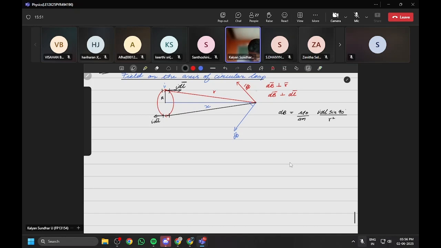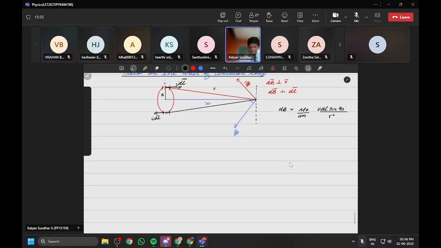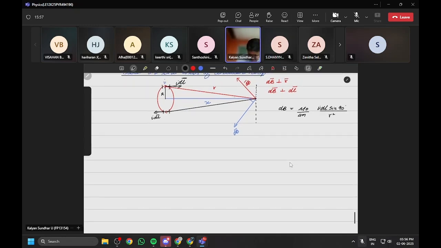Right? So let me draw the dotted line, perpendicular line here. And this is the angle which is being subtended. This will be theta, and this will also be theta.